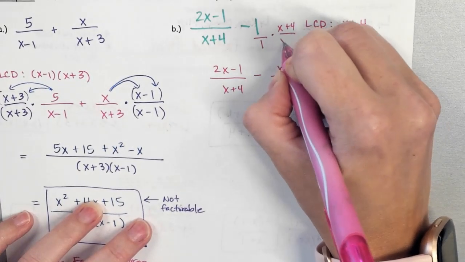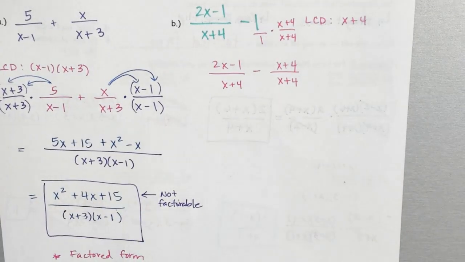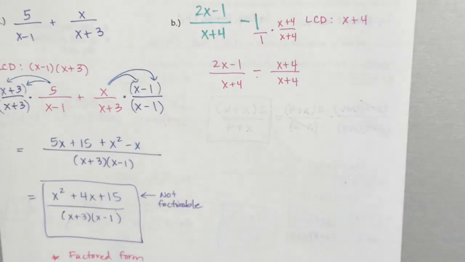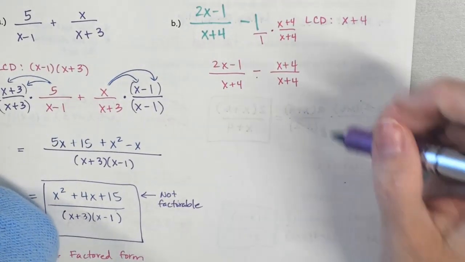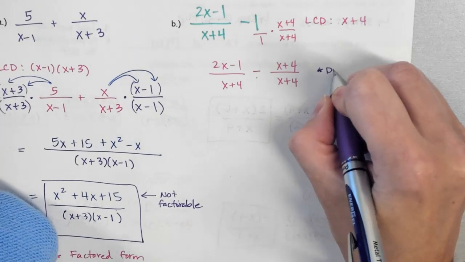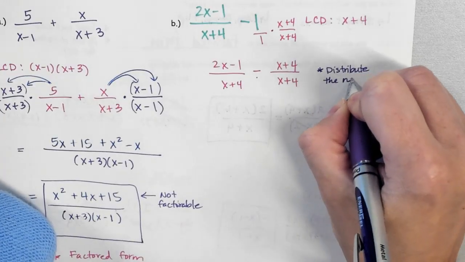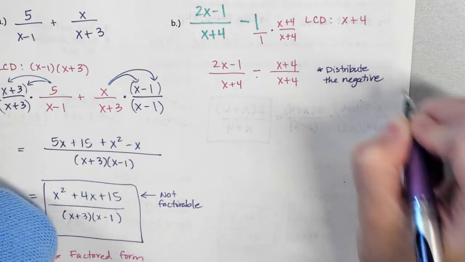Now, this is where you have to be careful, because when you have this minus, you have to make sure that you distribute the negative. This is what people miss. It's a small mistake, but it does affect your final answer.